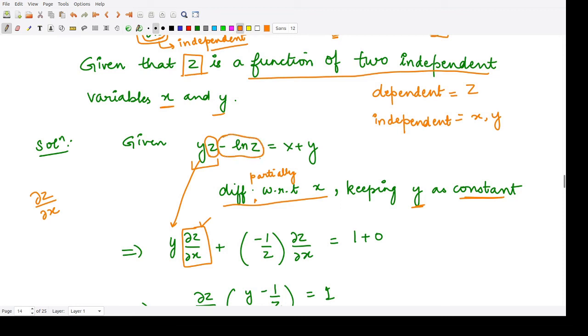Now what is the derivative of z? z is a function of both x and y, and we are keeping y as constant. So that means we will compute the derivative of z with respect to x. How will we do that?